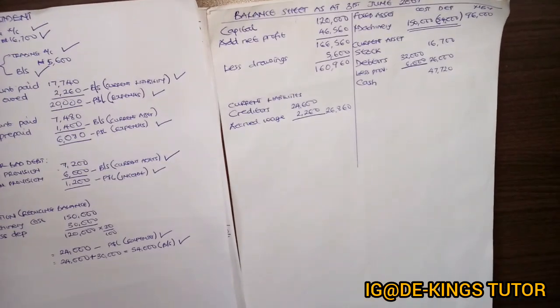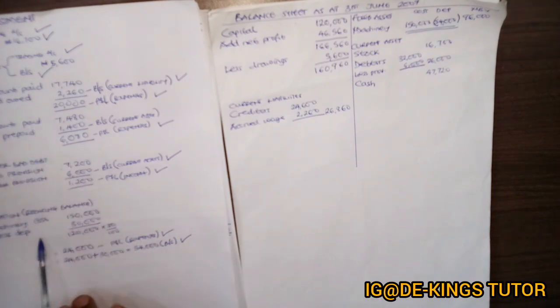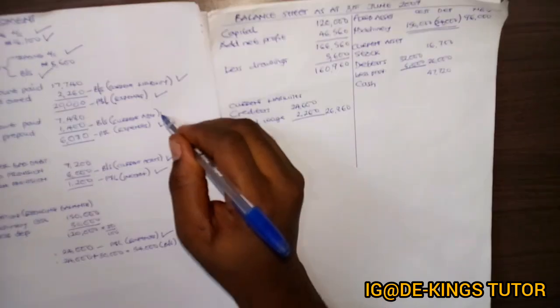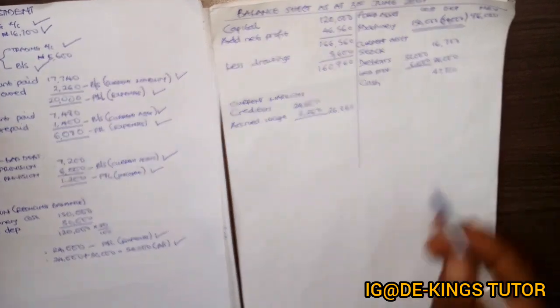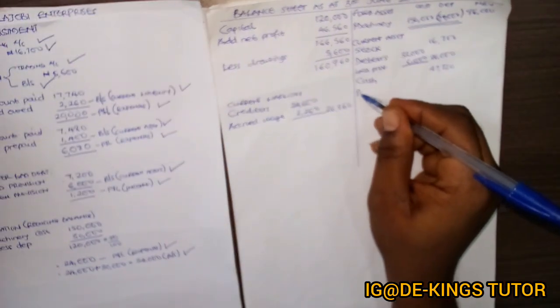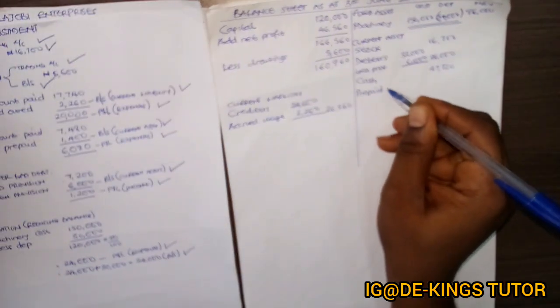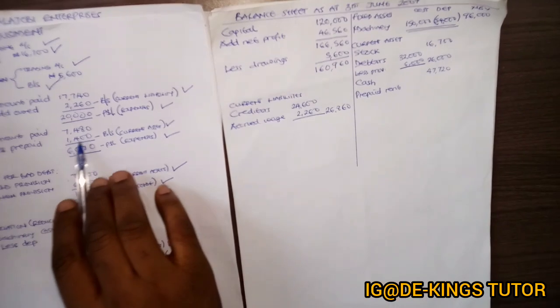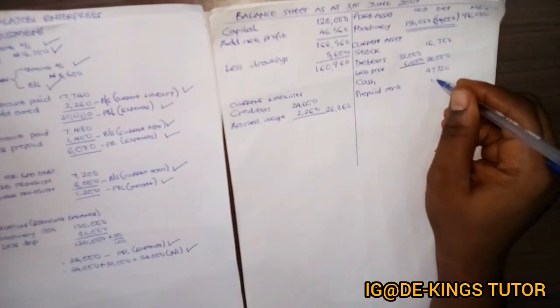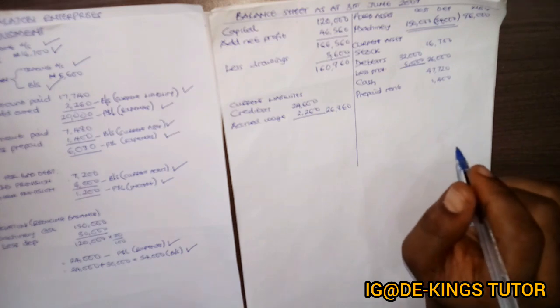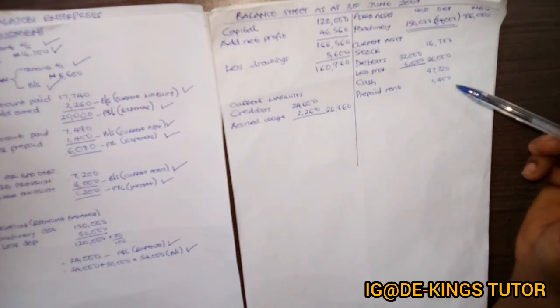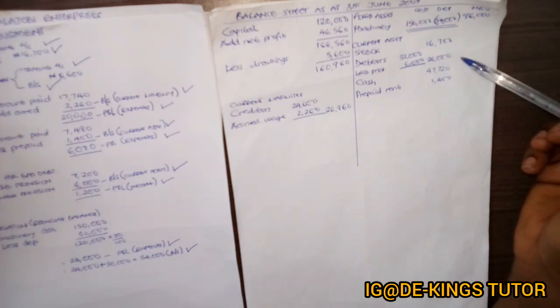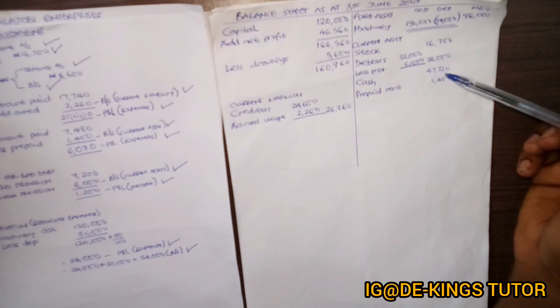Now check again. Rent is coming to the current assets, so we add prepaid rent of 1,400.